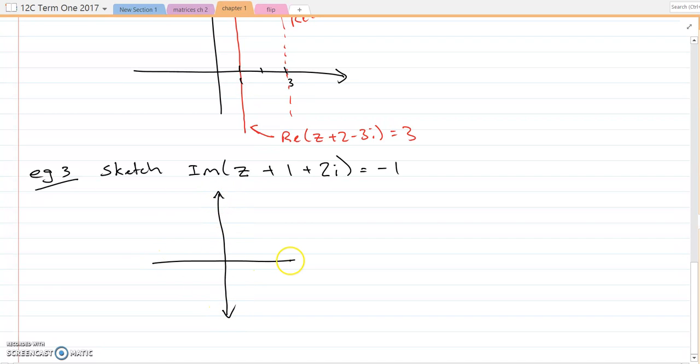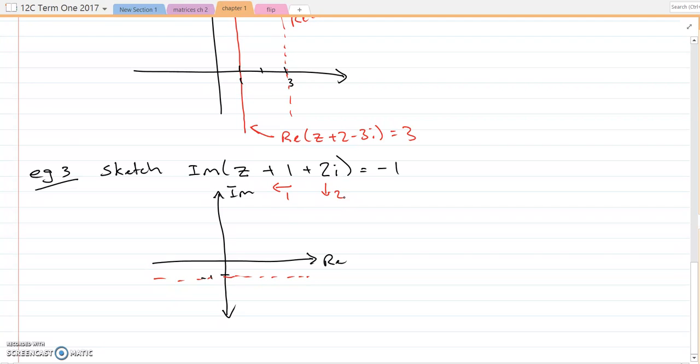Okay, we've got a real and an imaginary. So z is minus 1. Normally it would go through minus 1, like so. But of course we're shifting it to the left 1 and down 2. So which of those has no effect?